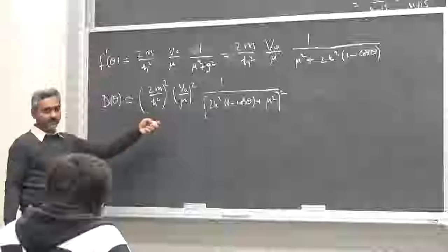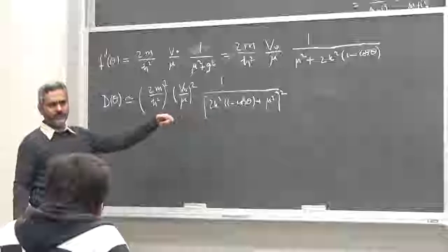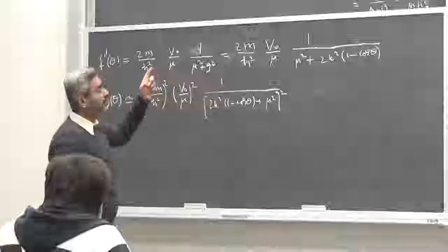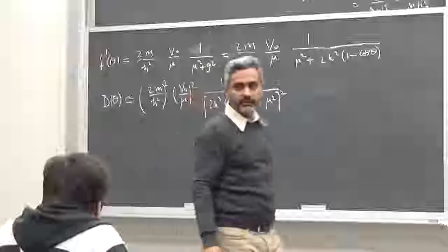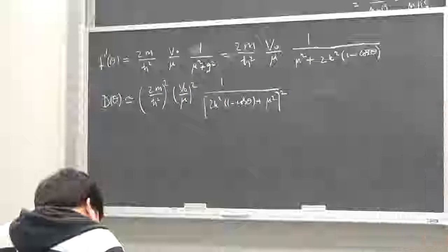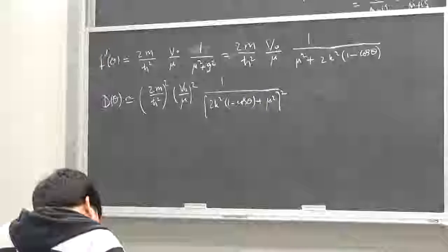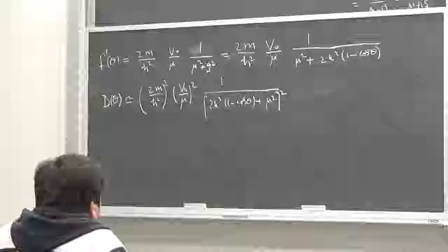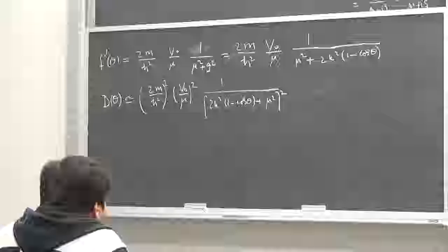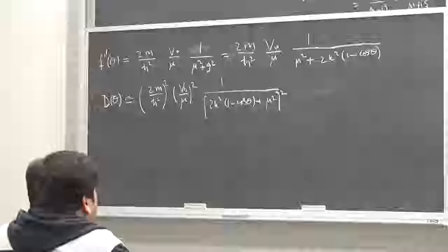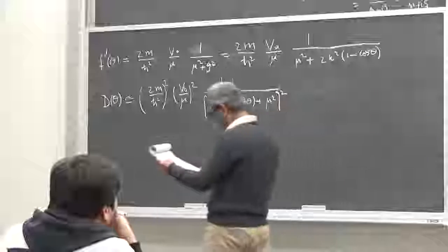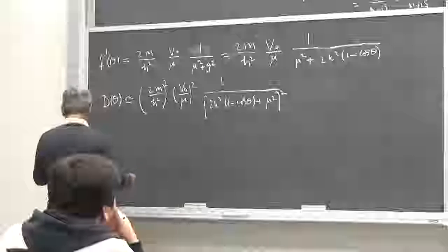But it's still not Rutherford's scattering formula, because Rutherford's scattering formula was scattering from which potential? Coulomb potential, right? So how do you reduce this to the Coulomb potential? You have to put that. Let me tell you.